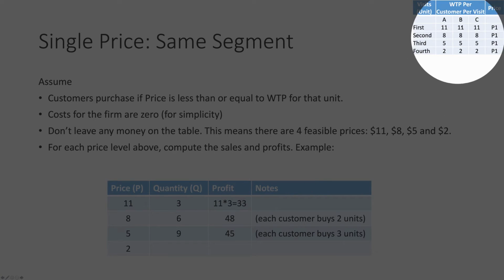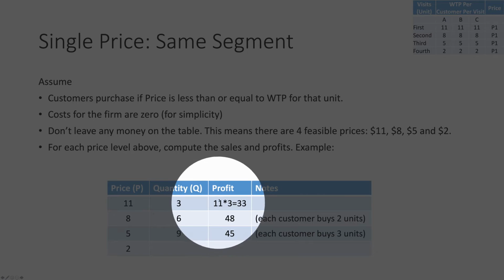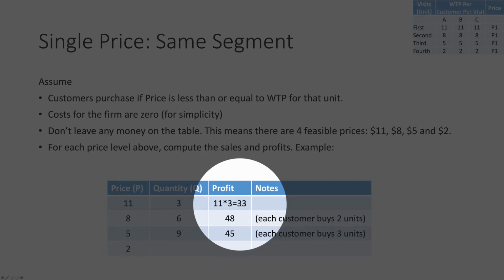That is because customers A, B, and C, their willingness to pay is 11 for the first ticket. So each of them would visit the cinema once. So here we have 11 times the demand of 3 for the 3 customers. That's equal to $33. That's the total profit. Again, since we don't consider cost, the profit is equal to the revenue.